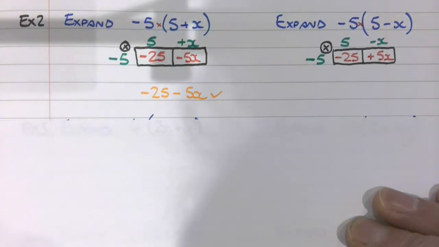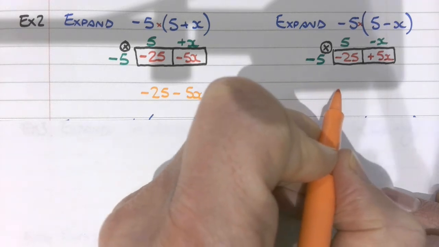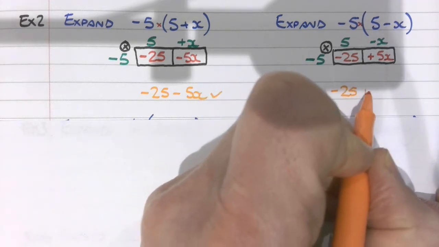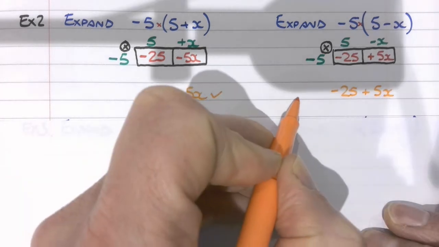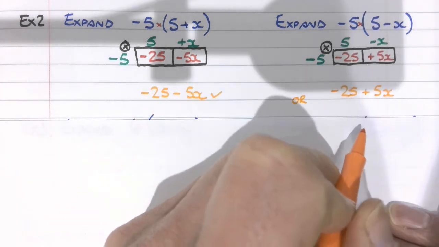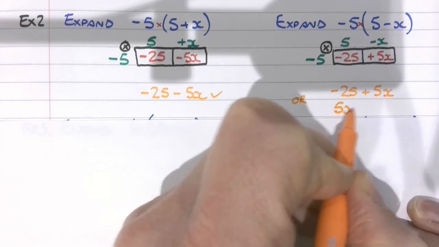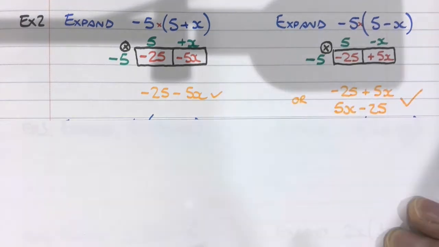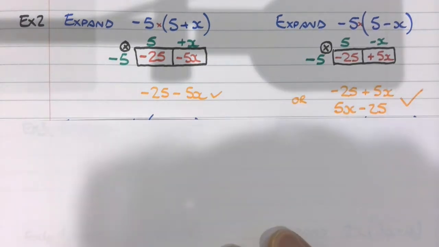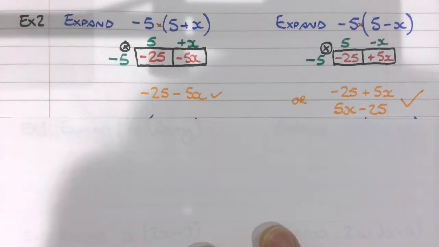So there's two ways of writing this. We can have minus 25 plus 5x, or we could write that a little bit more neatly as 5x take away 25. Either of those are perfect. Okie dokie. Moving on to the next one then.